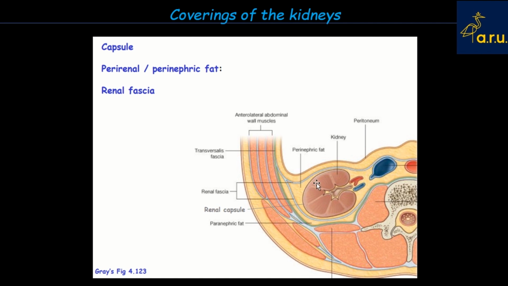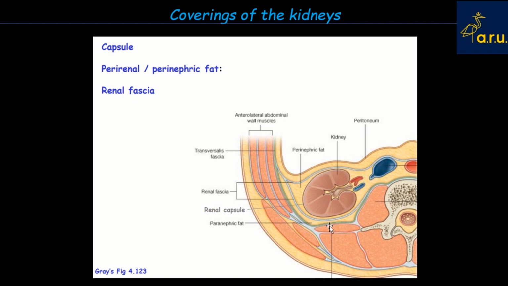On the contrary, the fibrous capsule was specific to the kidneys only. So outside the perinephric fat, we've got another layer of fascia, which is known as the renal fascia. Renal fascia once again encloses, obviously, both the kidneys and the suprarenal gland and anchors the kidneys to the posterior body wall. And then outside the renal fascia, we've got another layer of fat shown once again in yellow over here. That is the paranephric fat.